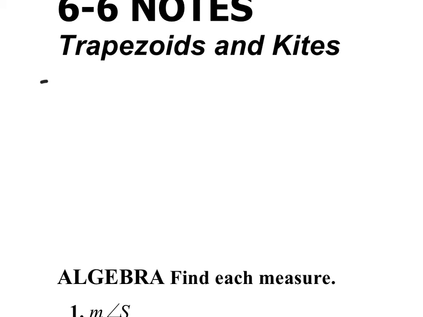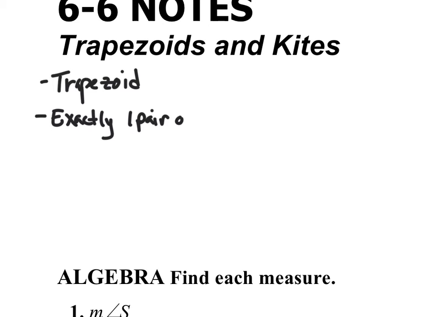But a trapezoid, just a general trapezoid, has exactly one pair of parallel sides, okay?